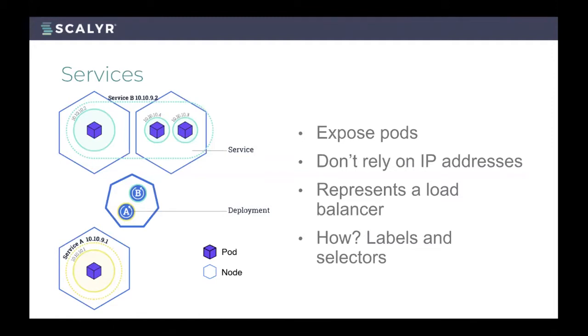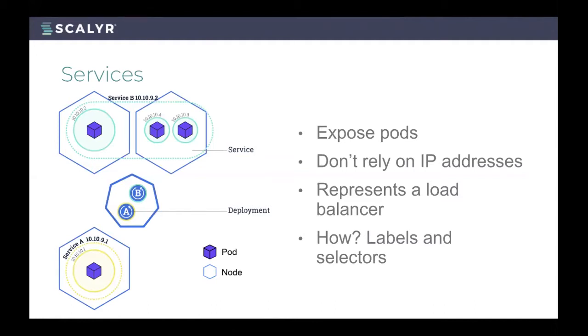So the idea is that you are not going to be relying on IP addresses. This is why I was saying before that with Kubernetes you have service discovery built in, because you don't need to worry about that. Kubernetes networking is not that different from the traditional way of working with networking, but it has some differences that you will need to be aware of.